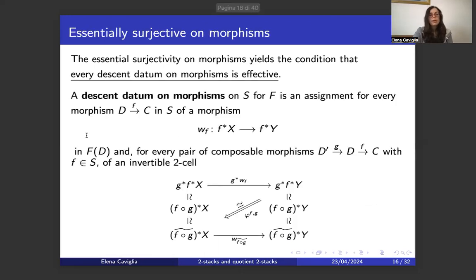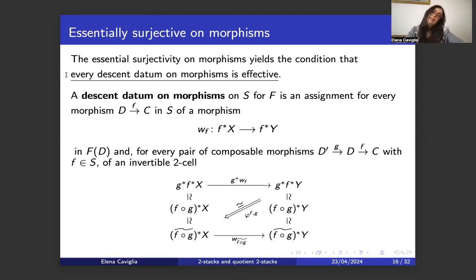And if we now look at morphisms, we have that the bioequivalence of the definition of two stack needs to be essentially surjective on morphisms. And the essential surjectivity actually gives the condition that every descent datum on morphisms is effective.